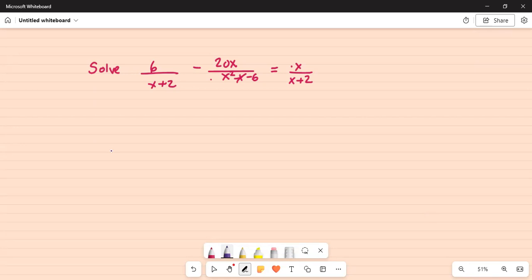So the first thing we will do is try to factor the quadratic expression x square minus x minus 6.